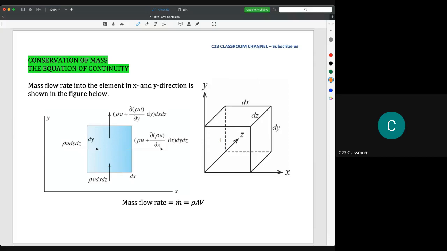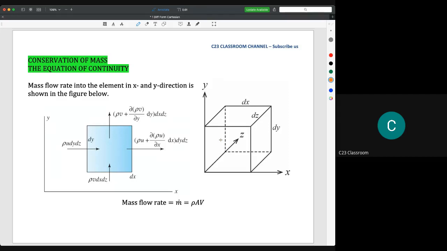So now we try to derive our own continuity equation. I think you already discussed this in fluid mechanics 2, so I will go a little bit faster. You may watch this video again and again, and you may snapshot this screen for your own notes.